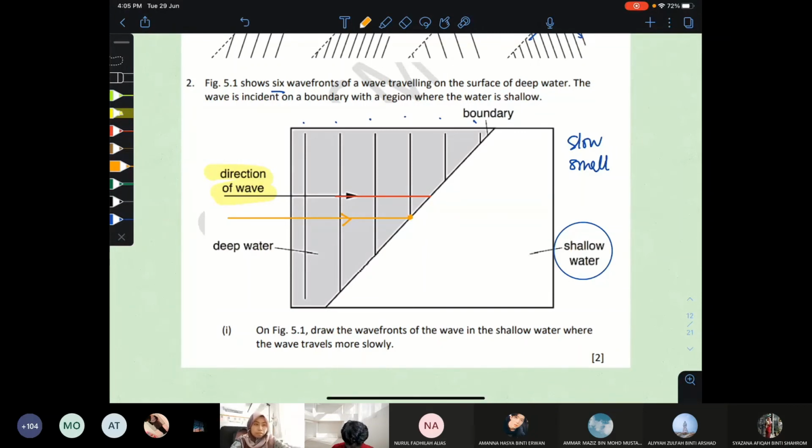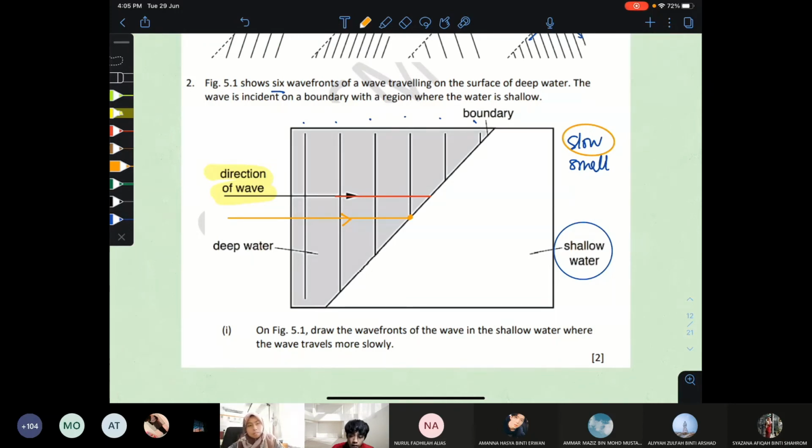Okay, next. Now, where the direction will change. Betul tak? Macam mana dia punya change? Refraction. Okay, when the refraction happens, so this one slower. When the wave travels slower, so what happens to the angle?